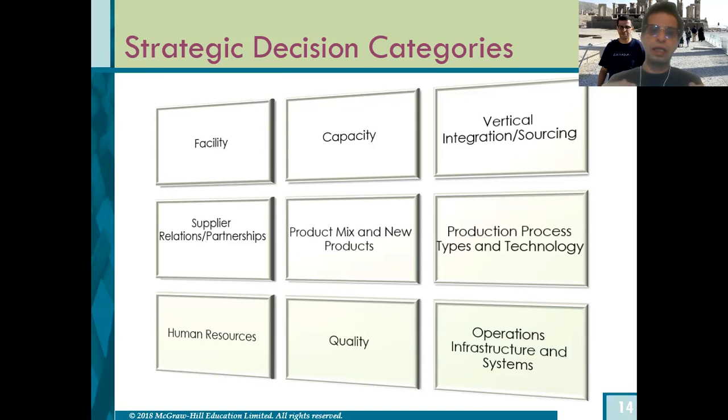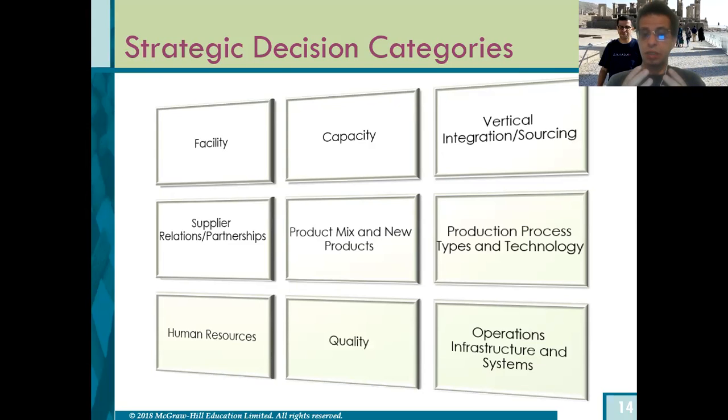Now, in the strategic decision categories, we have to look at these deeply and make them work together and coordinate their activities. First, we need to look at the facilities, the capacity, the vertical integration and sourcing, like outsourcing, supplier relationships, and partnerships.